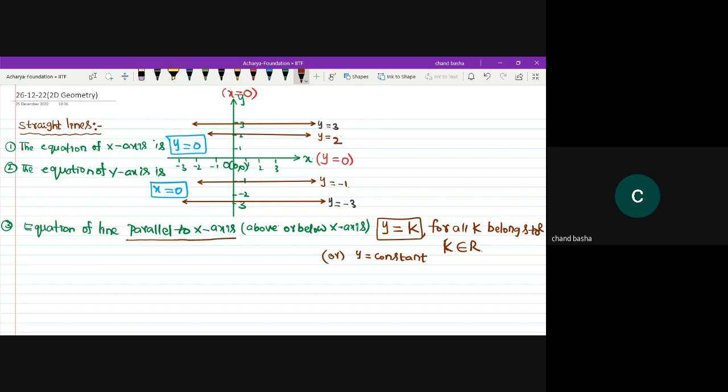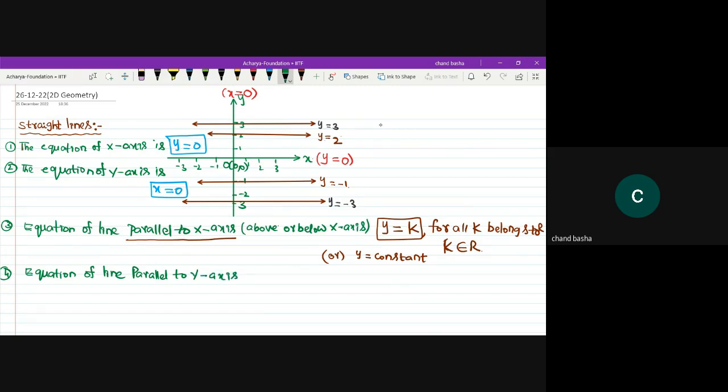I'll try to discuss one more point, and after that, I'll clarify your doubts, guys. I'll go for the next, the fourth one. Point number 4: the equation of the line parallel to the y-axis.